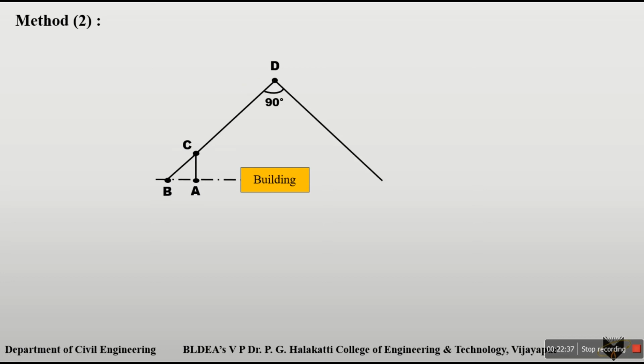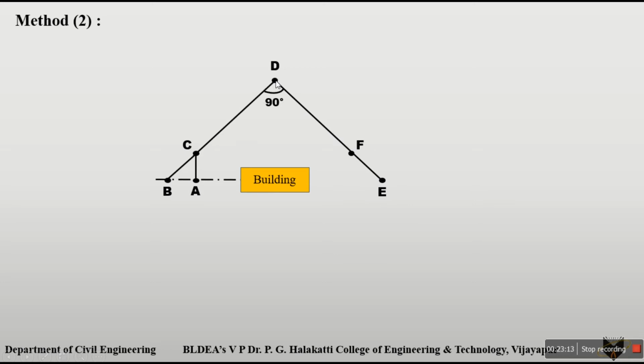Then you have to fix one point here, that is point E, where the distance DE is equal to the distance of B to D. Then along this line you have to select one more point, that point is F. In selecting this point F, the length of DF is equal to the distance of CD.